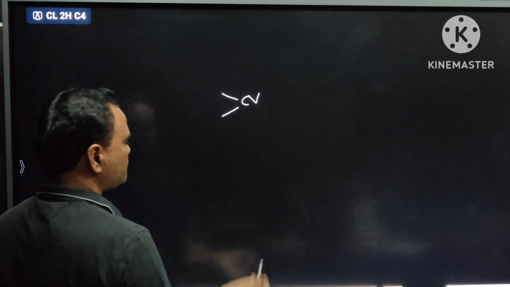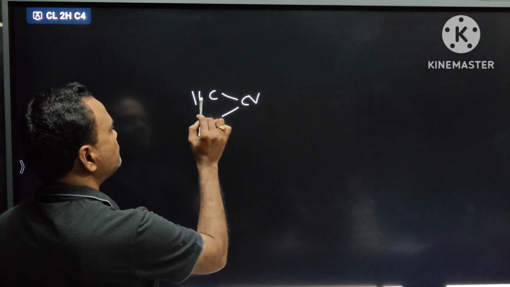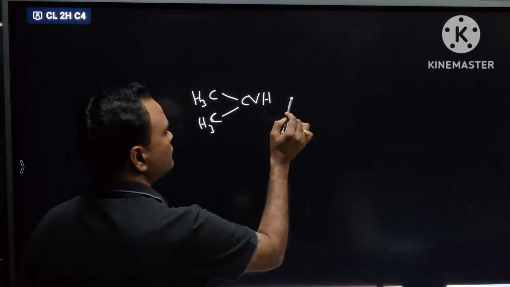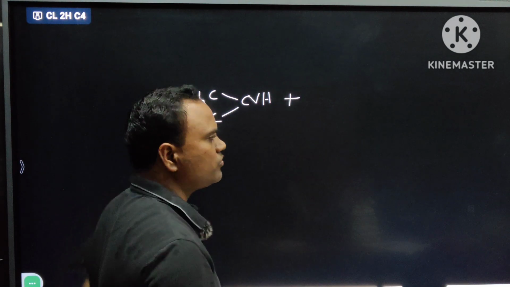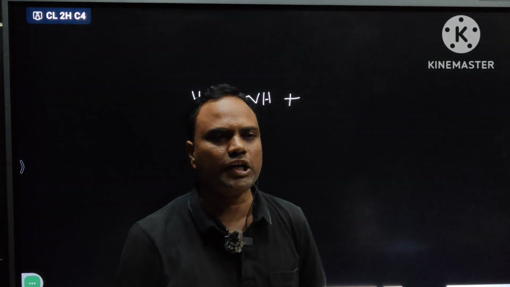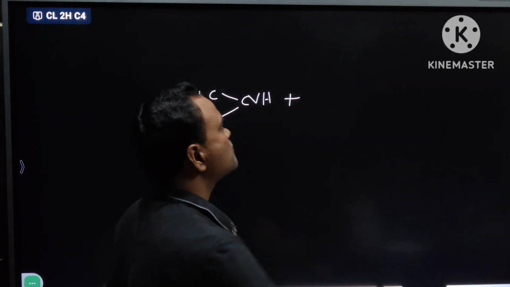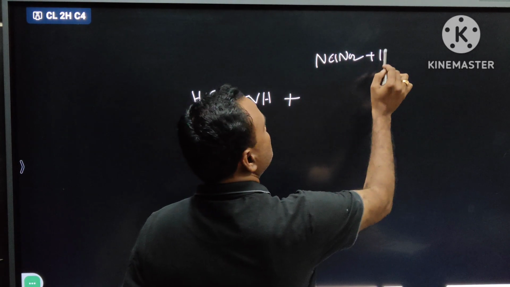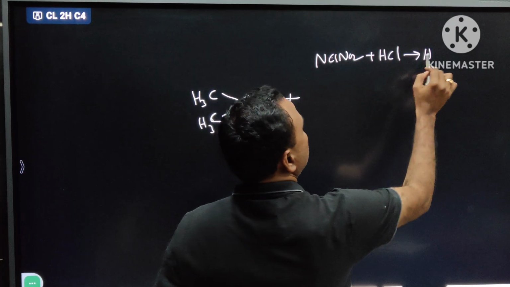CH3 both. See, HNO2. How to write HNO2? When we mix NaNO2 plus HCl, we will get HNO2.